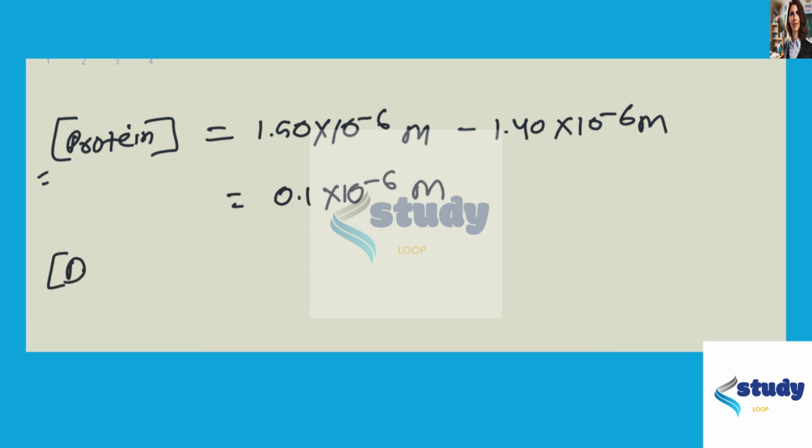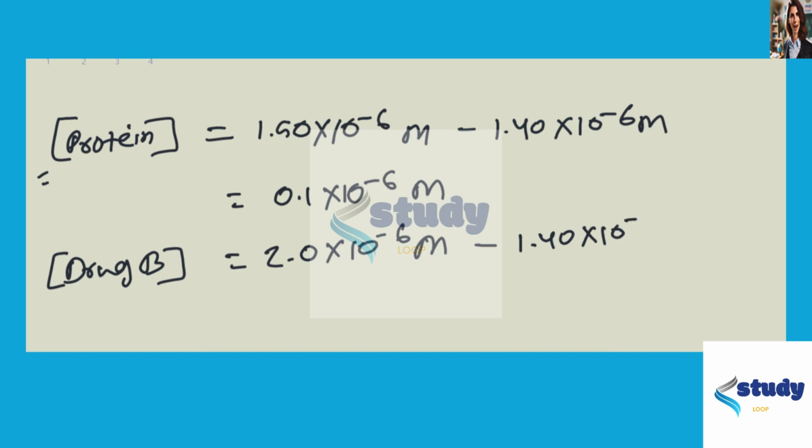Then we'll find out the equilibrium concentration of drug B, which will be again the initial concentration of drug B, which is 2 times 10 to the power minus 6 molar, minus the value of X, which is 1.4 times 10 to the power minus 6 molar. From here, we'll get a value of 0.6 times 10 to the power minus 6 molar.